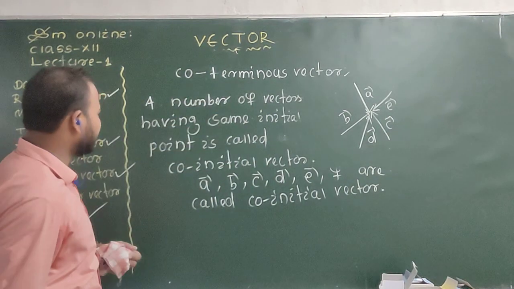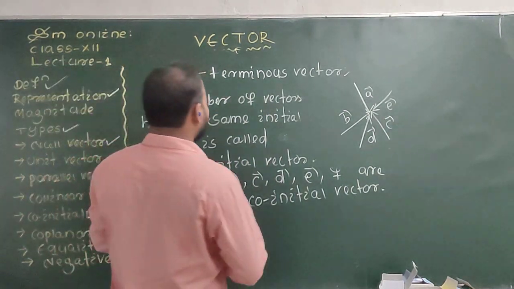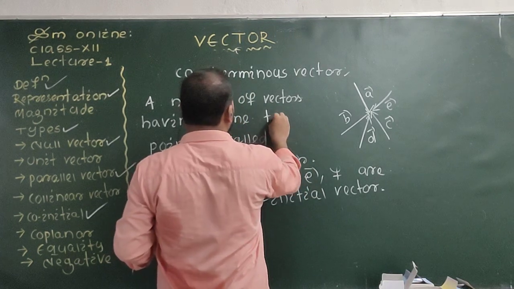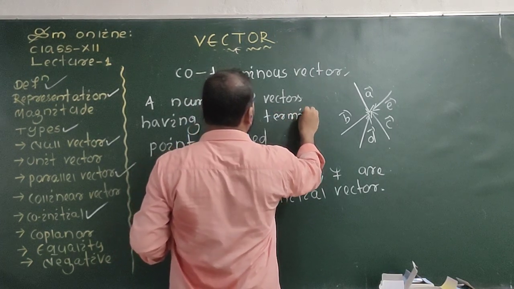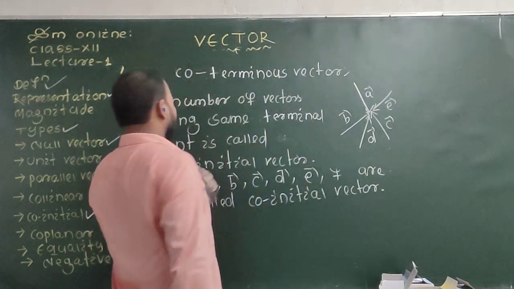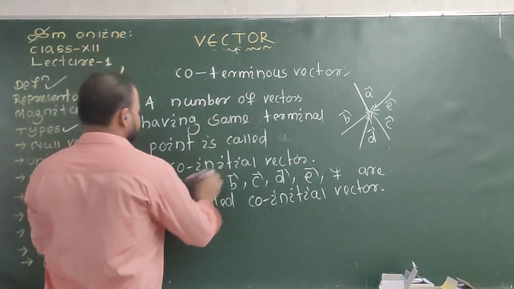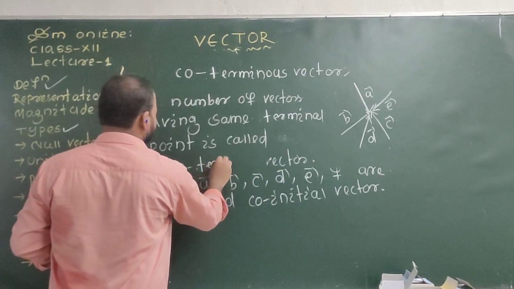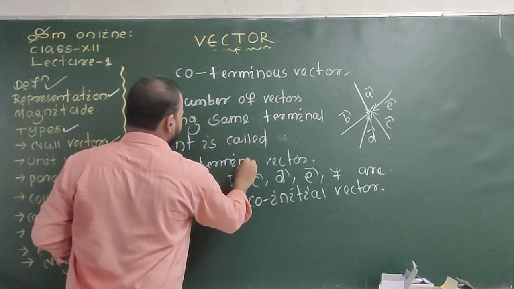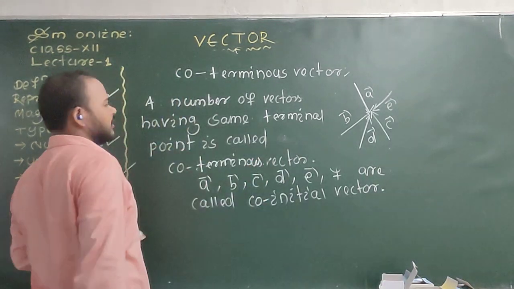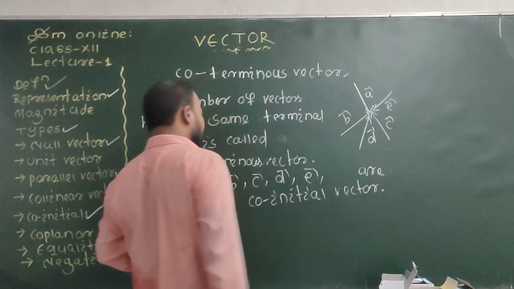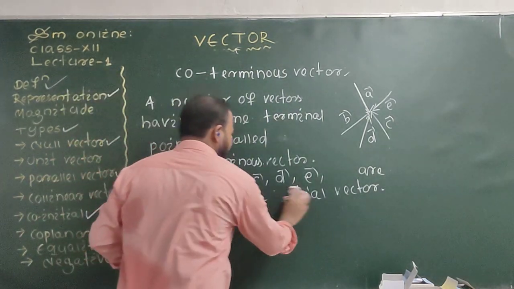A number of vectors having the same terminal point is called co-terminus vector. And here vector A, vector B, vector C, vector D are called co-terminus vectors.